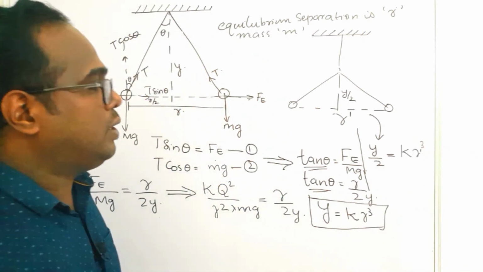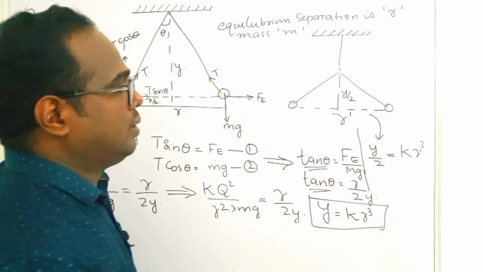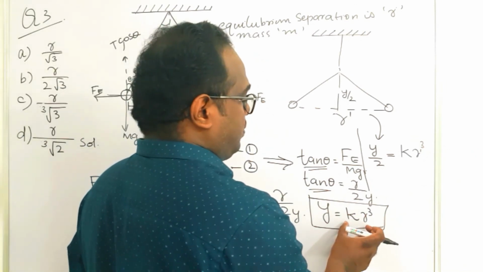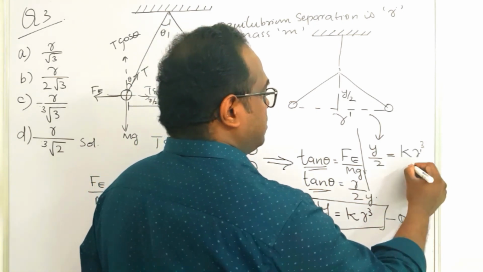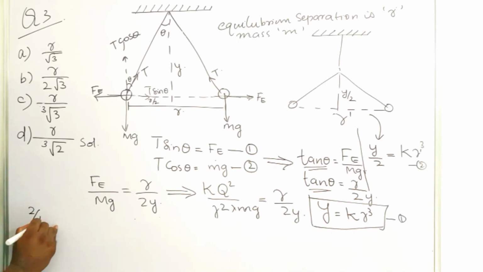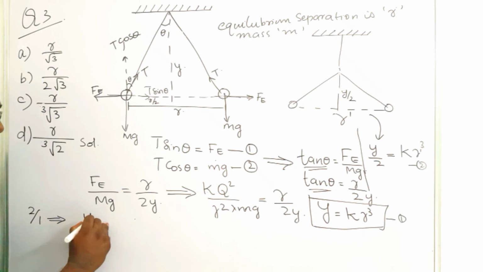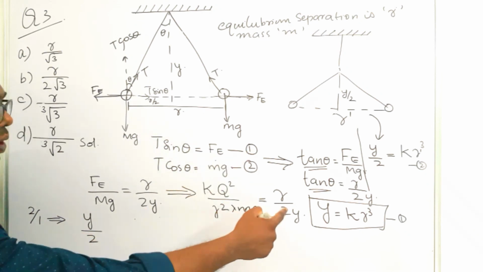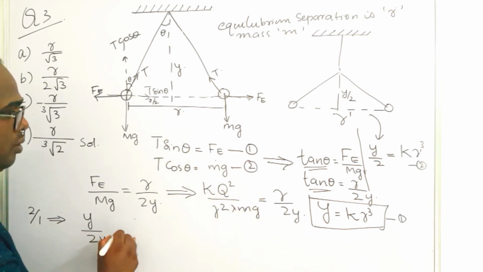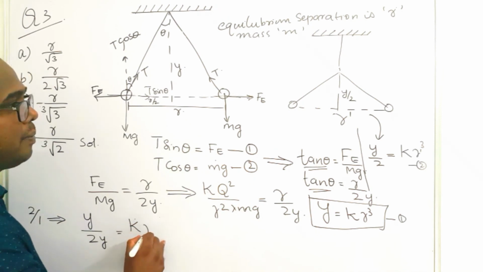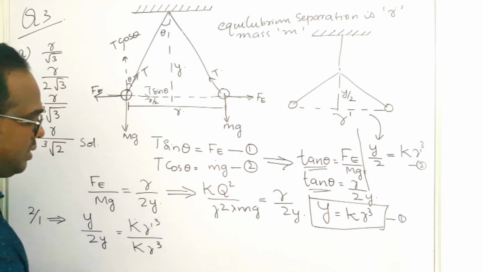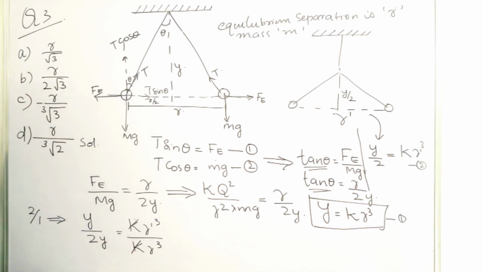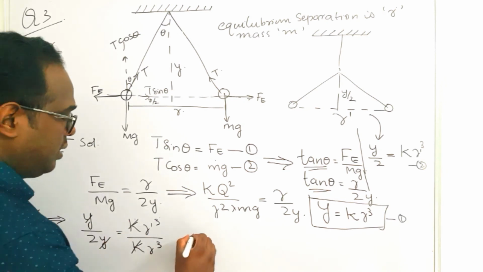Now you can divide these equations, second by first. Y by 2 divided by y equals k r dash cube divided by k r cube. K and k will get cancelled, y and y will get cancelled.